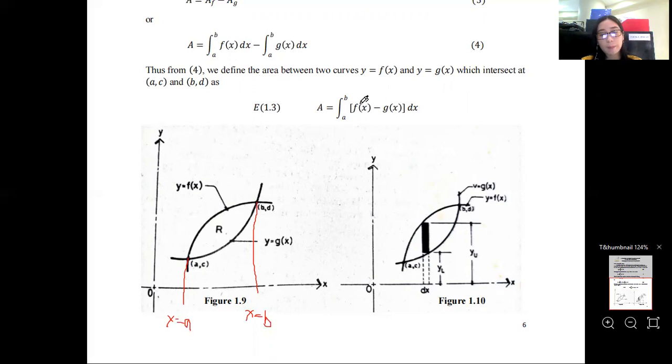So now we are applying the difference property or subtraction property of integration. We can also represent it using rectangles, or vertical strips as they are called.